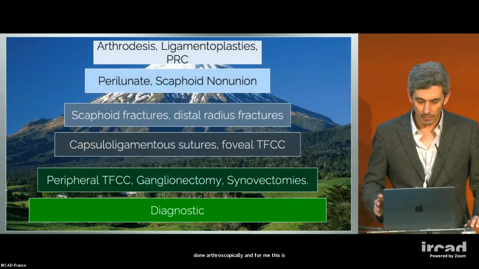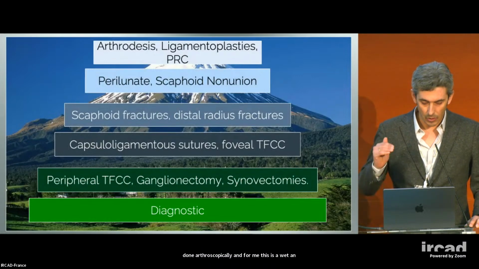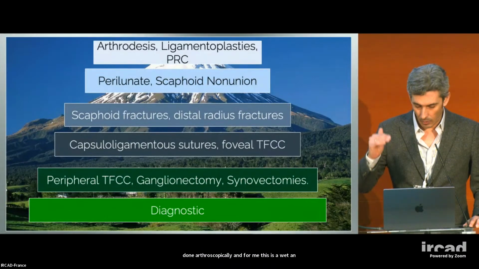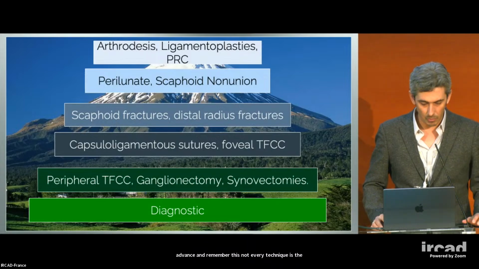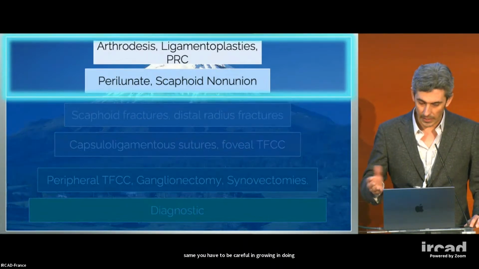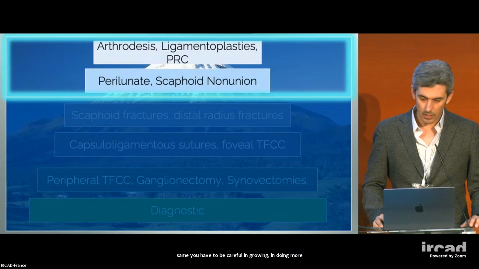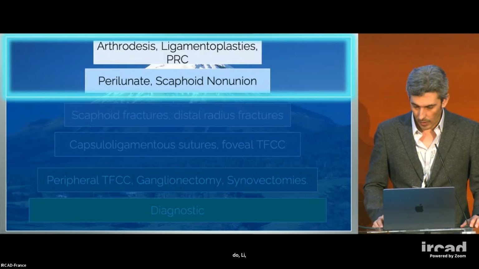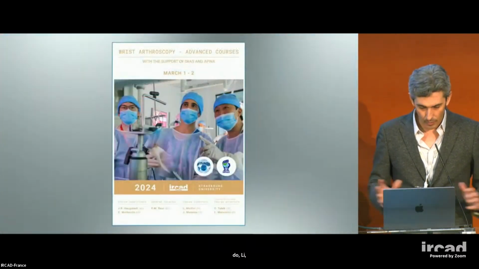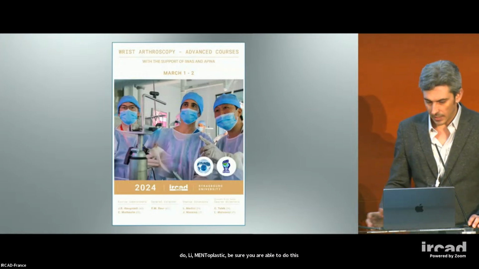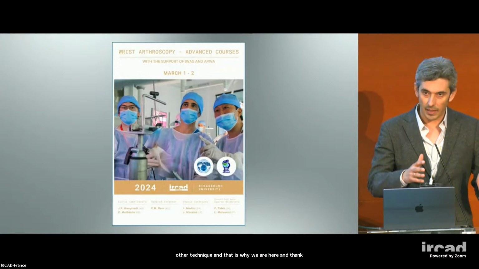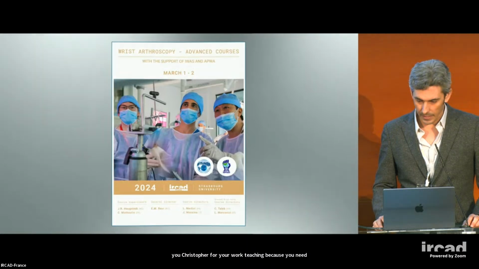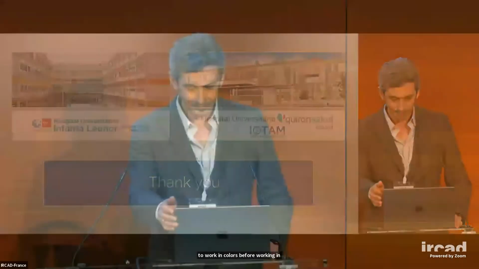And remember this, not every technique is the same. You have to be careful in growing, in doing more and more complicated techniques. If you want to do ligamentoplasty, be sure you are able to do the other techniques, and that is why we are here. And thank you, Christoph, for your work teaching, because you need to work on cadavers before working on patients. Thank you.